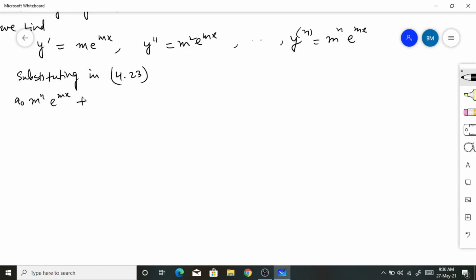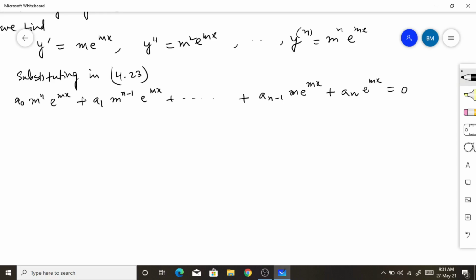Then comes a1 multiplied by the (n-1)th derivative, and so on, then the first order derivative m e^(mx) is multiplied by a_{n-1}, plus an multiplied by y, which is e^(mx), equal to 0.